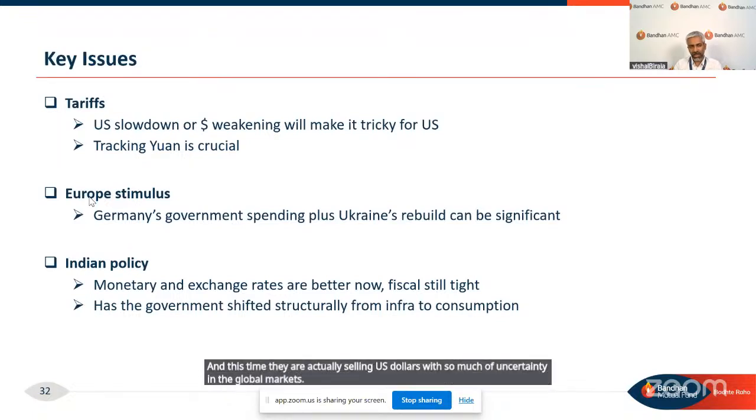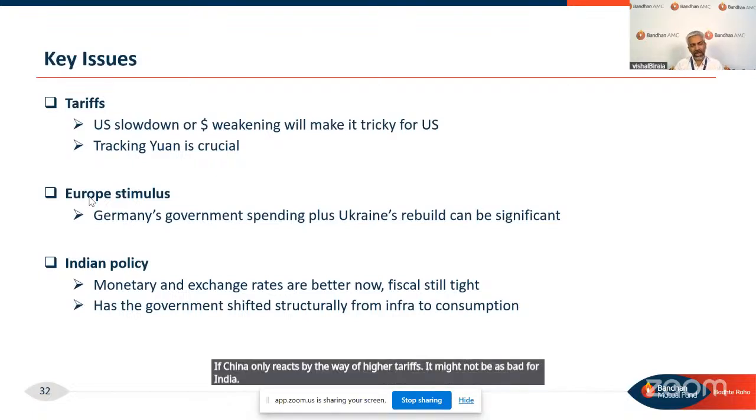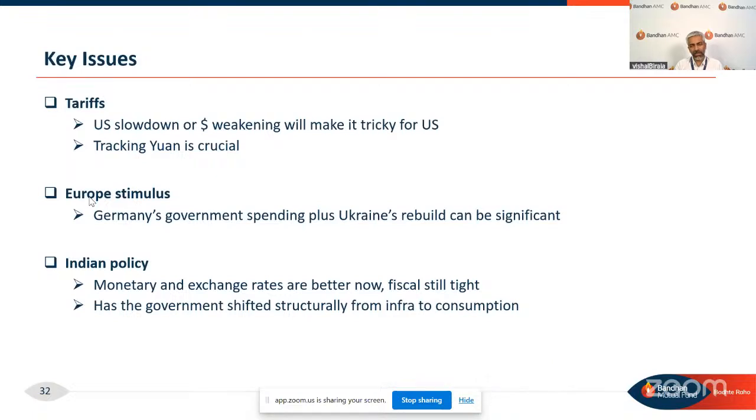And how China reacts to the US is also very important. If China only reacts by way of higher tariffs, it might not be as bad for India as in the scenario when China decides to depreciate the yuan. The yuan has depreciated in the last 1 year by 5%, from 7 to 7.32, but incremental depreciation should be very minimal.